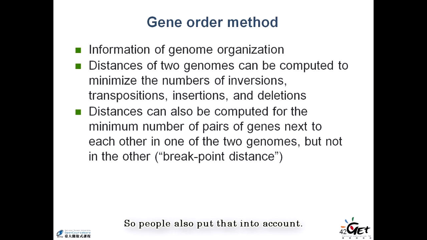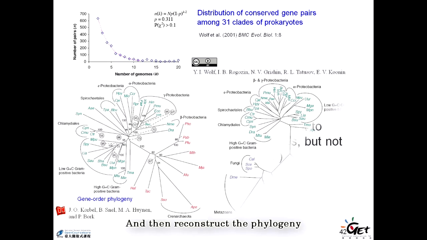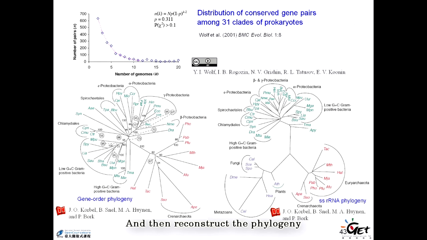So people also take that into account, and then reconstruct the phylogeny only according to the gene order, and still get very similar phylogenetic information compared to the sequence-based phylogeny on the right. So it's also basically very compatible, and we have no idea if we can combine those two methods, or if it's good to combine them.